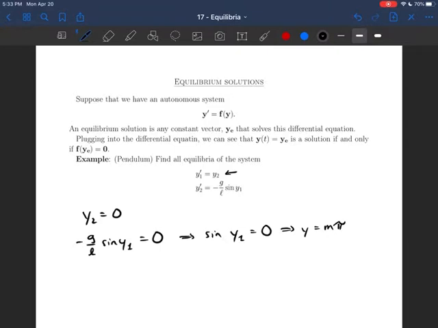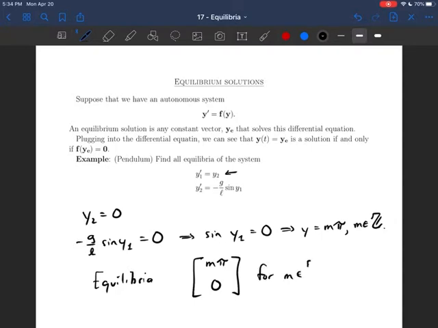Okay, so where does that get us? Well, we know that y2 is equal to 0, so that's a start. And then for y1, we get from here that sine of y1 has to equal 0, and that means that y1 has to be equal to some multiple of pi, m times pi, where m is any integer. And so our equilibria, we have infinitely many of them.